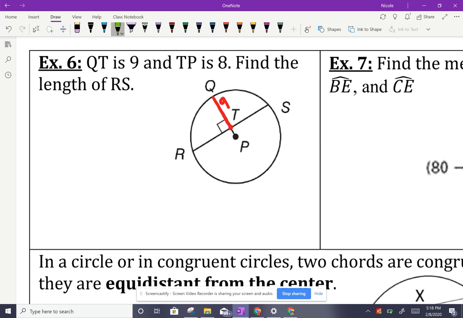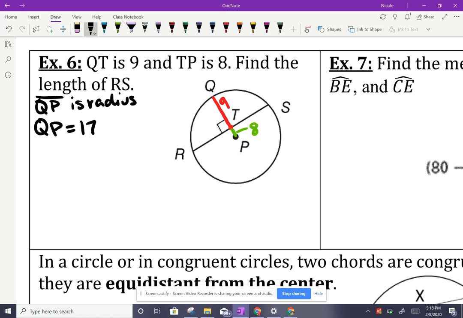TP is 8. Yes, this is not drawn to scale. Get over it, guys. It's okay. And I want to find the length of RS. So things I need to point out, that QP, the whole length of QP, is the radius. So QP is equal to 17.